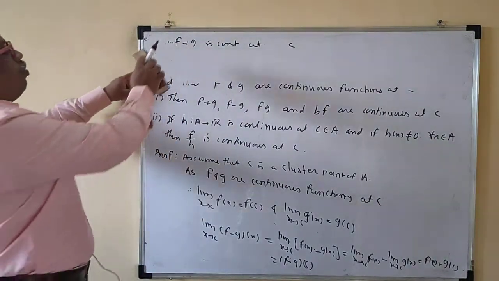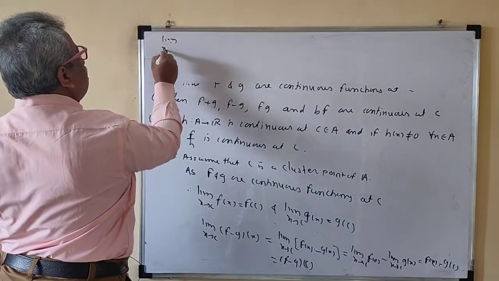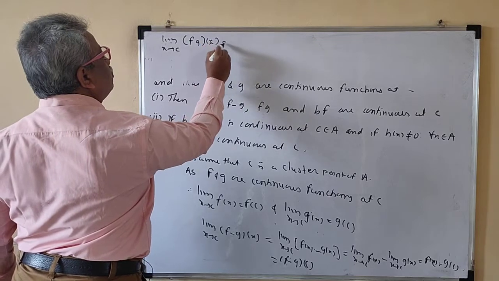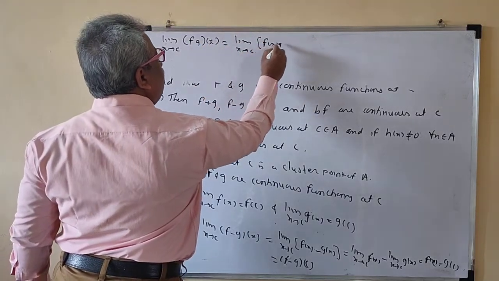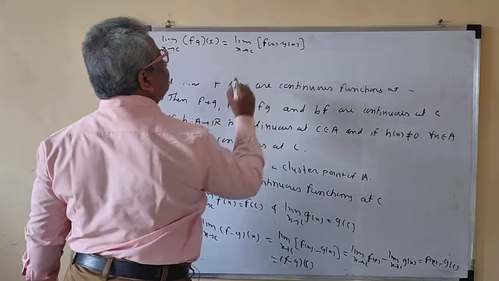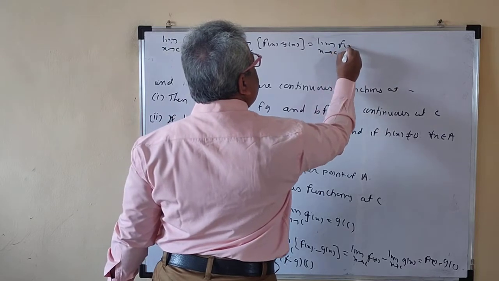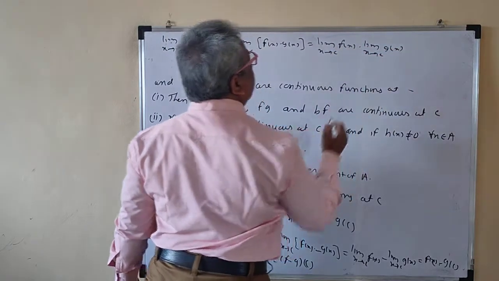Now we go for the product. Limit x tends to c of (fg) of x is equal to limit x tends to c of f of x into g of x, by definition. This is limit x tends to c of f of x into limit x tends to c of g of x.